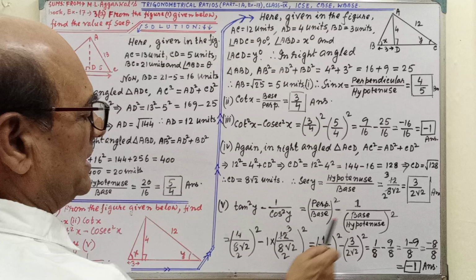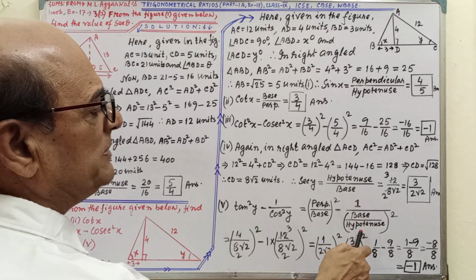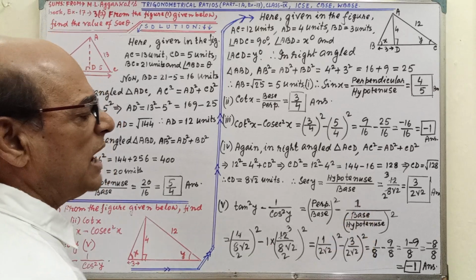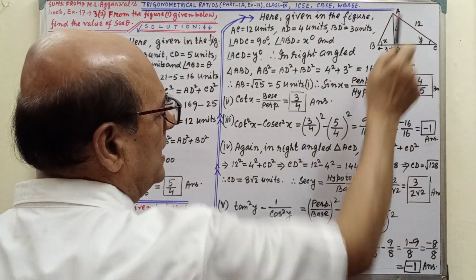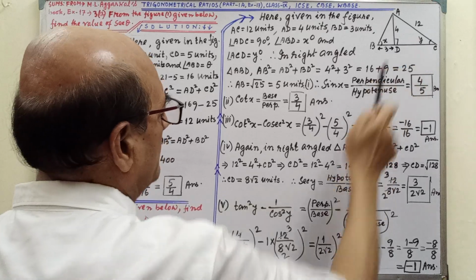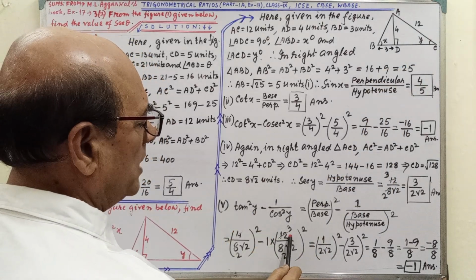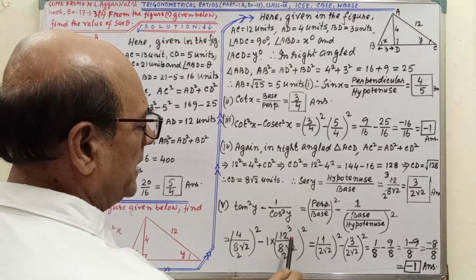Here there is a minus, so after putting minus, this is division, so by multiplication the fraction changes to hypotenuse by base. The hypotenuse is given as 12 and the base is 8 root 2 units, so in place of hypotenuse we write 12 and the base 8 root 2.